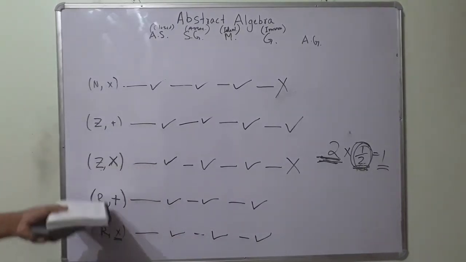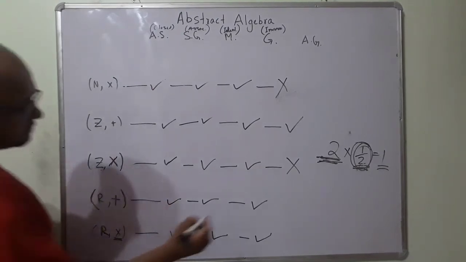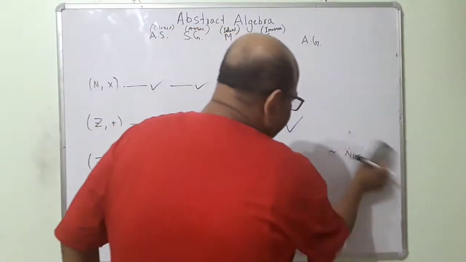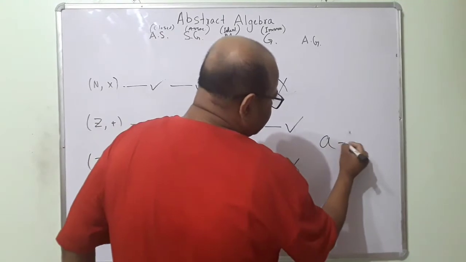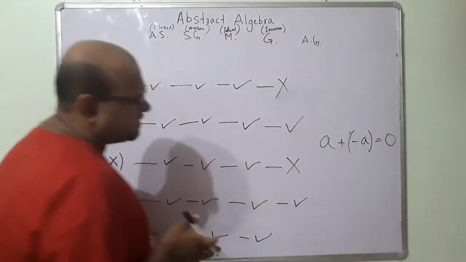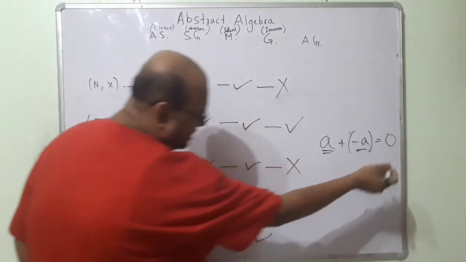For the same reason, for every real number, the additive inverse belongs to the set. If A is a real number, its additive inverse is minus A. That would give me 0, the additive identity. So if A is a real number, then minus A is also a real number.